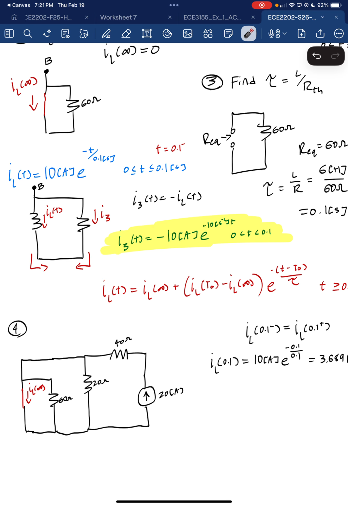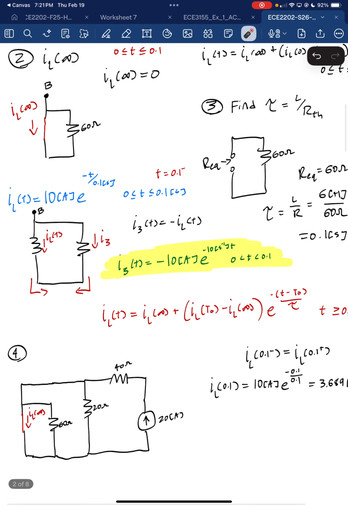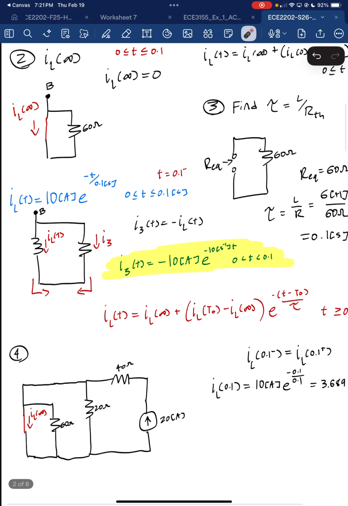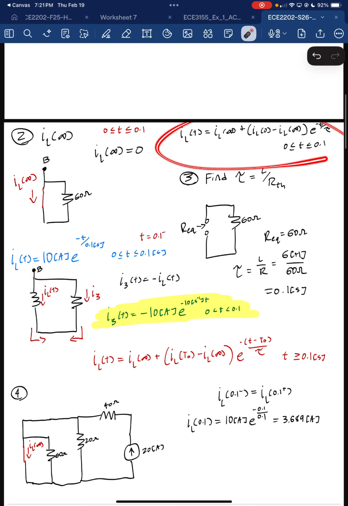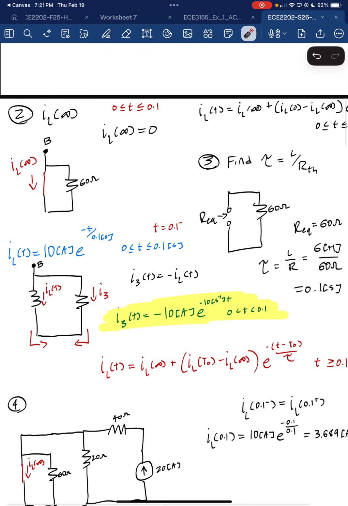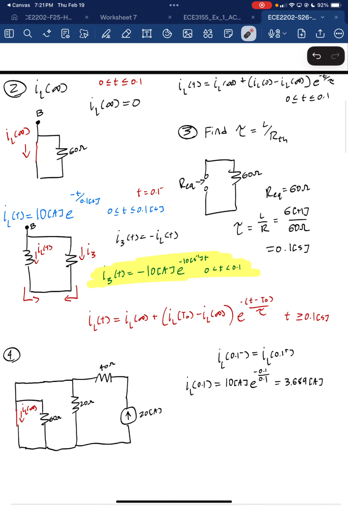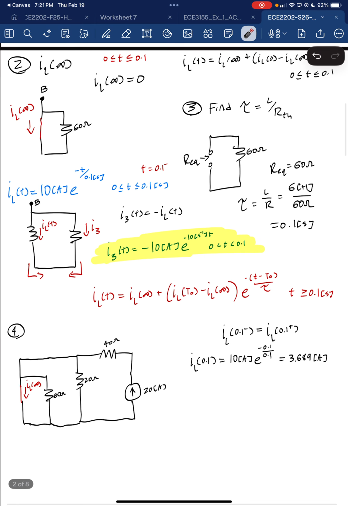It cannot instantaneously change. That also really hammers down the point that even though we never reach zero, we still find IL of infinity to build that first equation. I know I'm spinning back a little bit, but that's why we did it, right? The lowest that current is going to get is 3.689. It never gets to zero, but we're still going to find IL of infinity to model that equation.